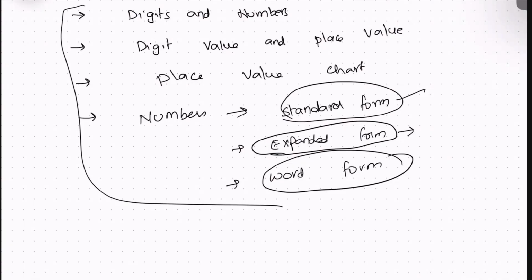So let's start with digits and numbers. What is a digit and what is a number? Before understanding digits and numbers, I'll give one simple example. When we were studying in kindergarten or so, we would have studied all the alphabets in English, right?